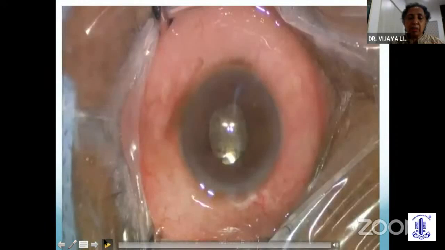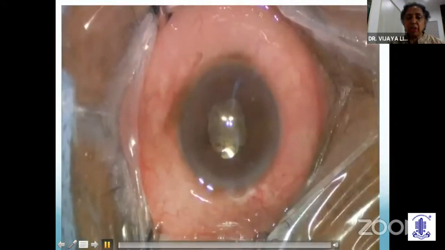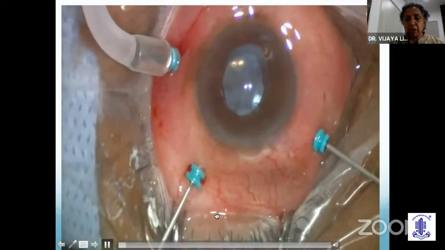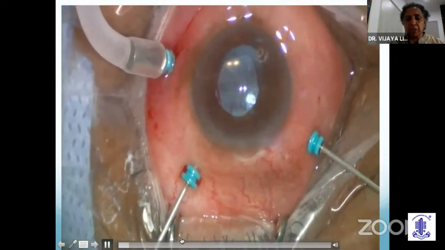And this is one of my colleagues who helped me do the surgery here. It is a pseudophakia in an angle closure eye where phacoemulsification was done. She developed aqueous misdirection.